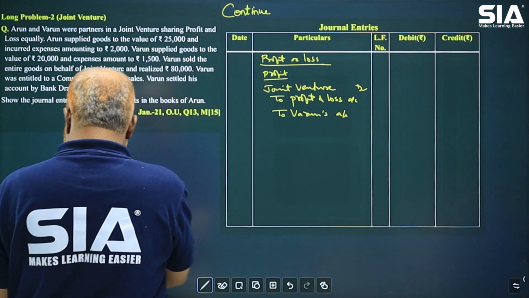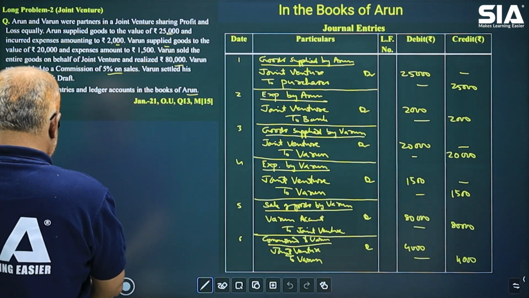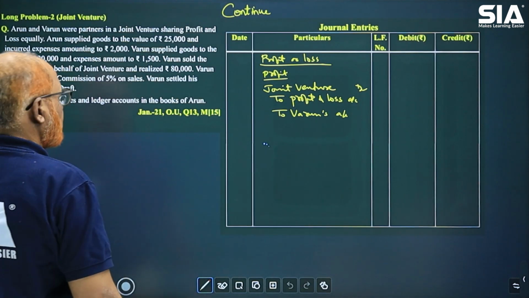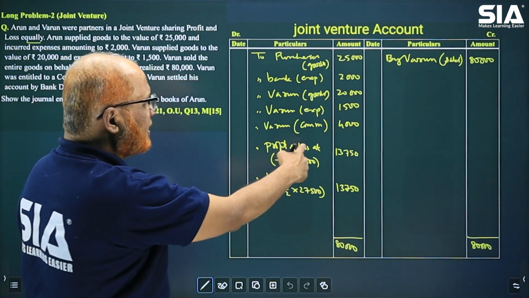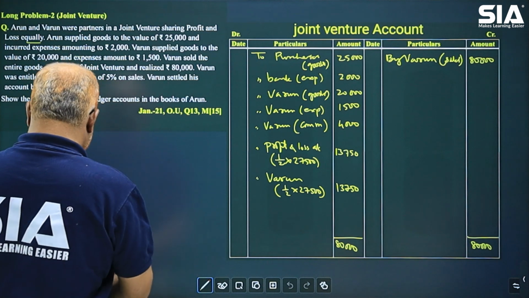So how much is the profit? Just now we have calculated. In the account you can see here 13,750, 27,500.